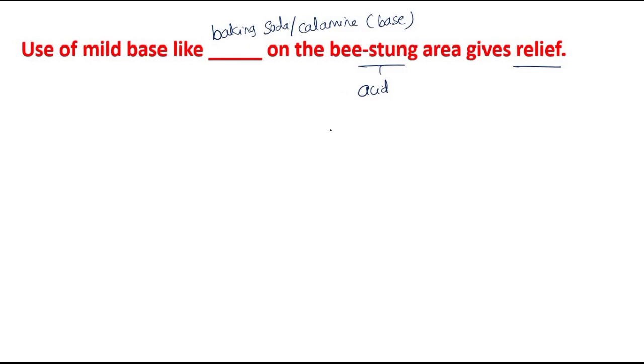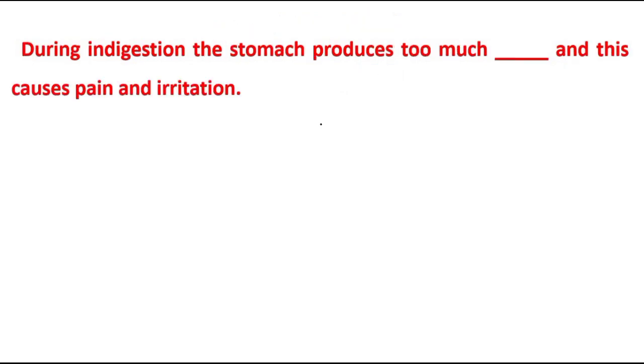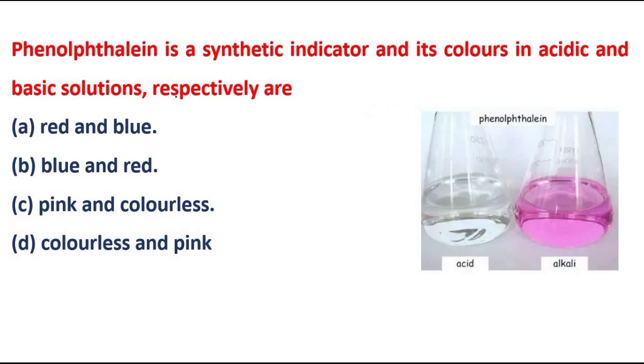When acid and base react, it forms a neutralization reaction. During indigestion, the stomach produces too much hydrochloric acid. The chemical formula of hydrochloric acid is HCl, and this hydrochloric acid causes pain and irritation for the human being.